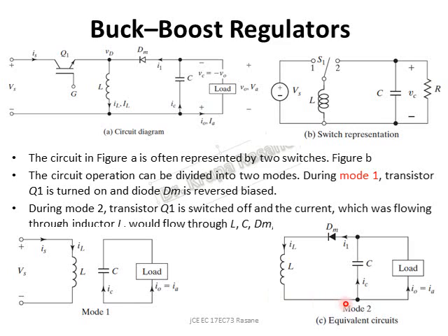And in equivalent mode 2, this switch is off, so this element is coming in this position, so we have this inductor, and then we have switch 2 which is on, this diode connected, so this acts like a short circuit, and we have the capacitor and the load connected in this fashion. So these are the two modes of operation.